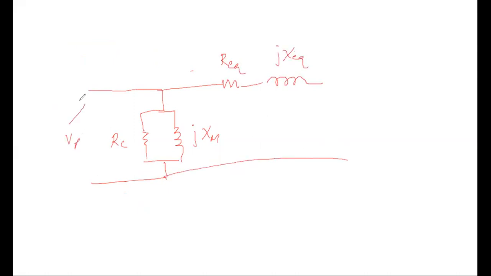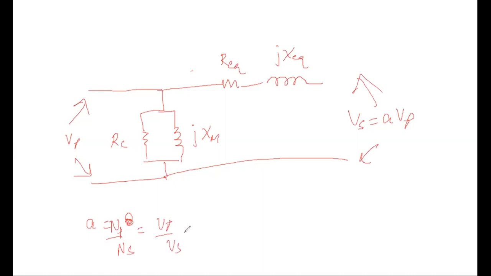We apply primary voltage, and we have secondary voltage on the secondary side, which is simply Vp over a. And what was a in our question? a was equal to Np over Ns, which is equal to Vp over Vs, and we were given 8000 volts on the primary side and 240 volts on the secondary side.